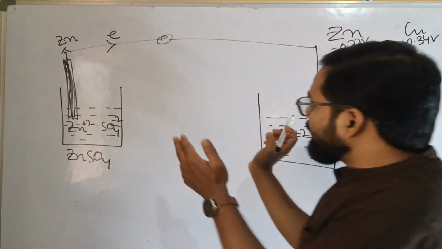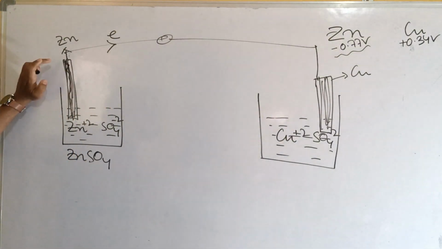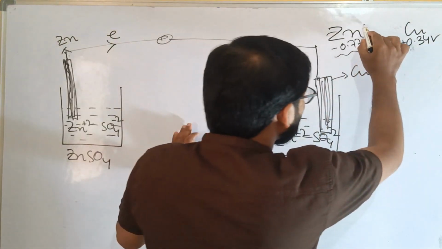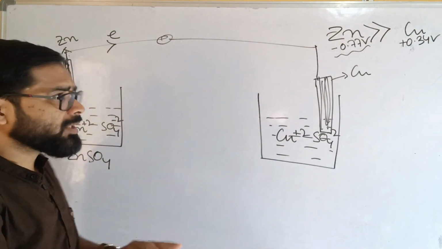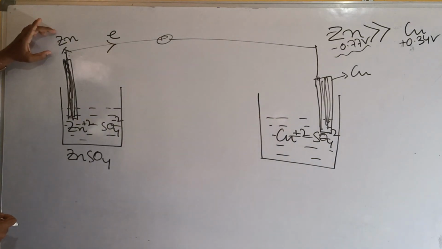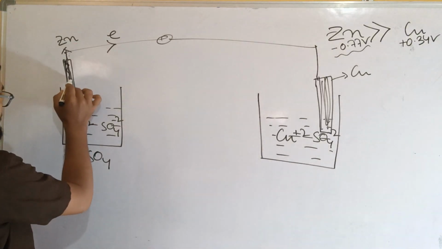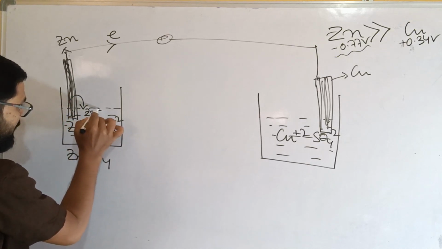So definitely we have to consider zinc as the anode, because zinc is highly reactive as compared to copper. That's why oxidation takes place on this electrode. It means from the zinc electrode, zinc is released as Zn+2.